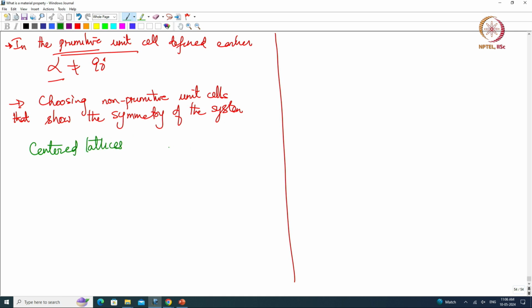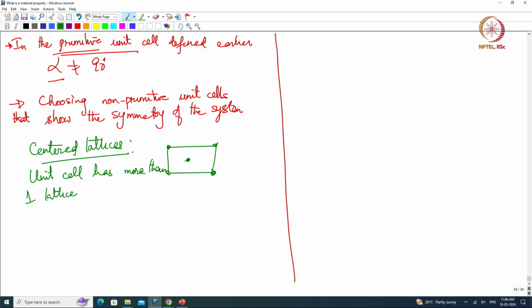In this case there are 4 lattice points here, but I have another lattice point at the center of these 4 lattice points. So this is a centered lattice, and the unit cell has more than one lattice point. Or in other words, this is a non-primitive unit cell.